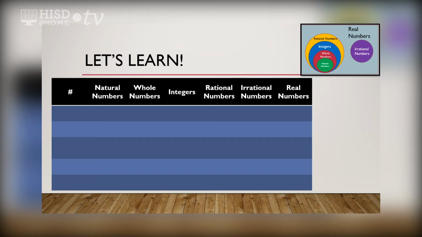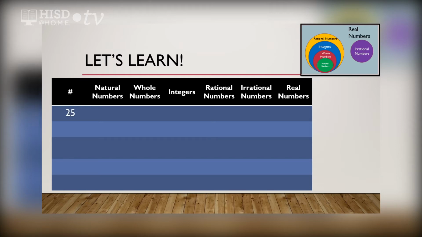Now remember, you have a Venn diagram on your notes to help you get the classification of these numbers. I'm going to do the first number with you, and then I'm going to let you start working on your own for a couple of seconds to check your own understanding. So let's start our exercise.